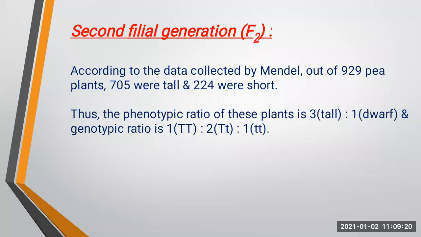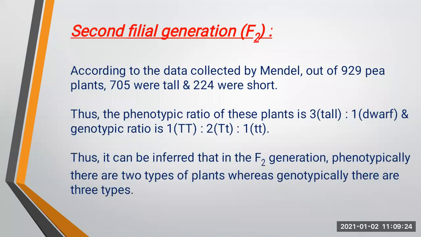So thus, it can be inferred that in the F2 generation, phenotypically there are two types of plants, whereas genotypically there are three types. Okay, so this is what is important here.